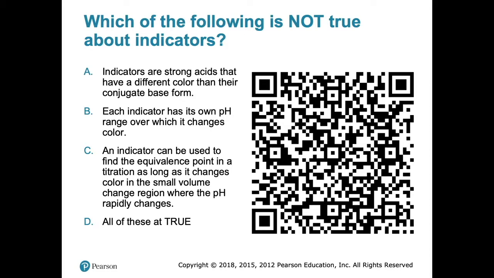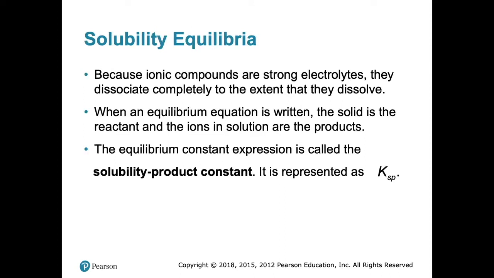Good job. So that takes us to the last part of this lecture, which is solution or solubility equilibria. We had chemical equilibria, then we had acid-base equilibria, which we spent the last few days on, and the very last thing we need to talk about now is solution equilibria, okay? The thing about solution equilibria is that it has a different constant.